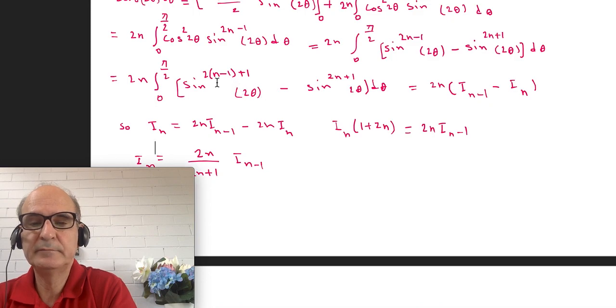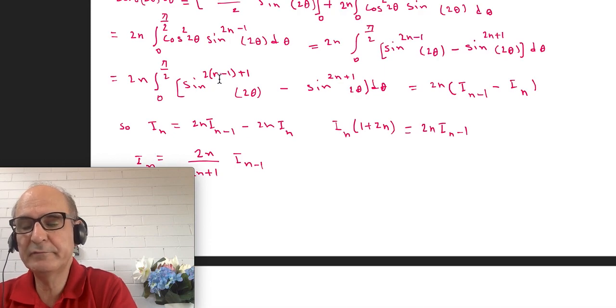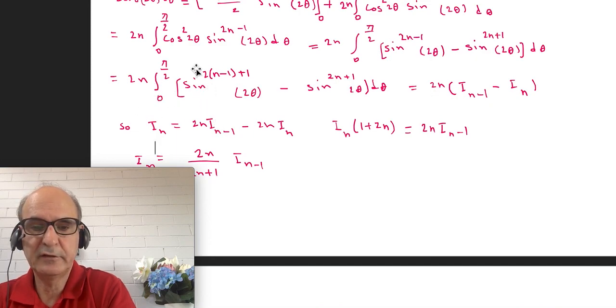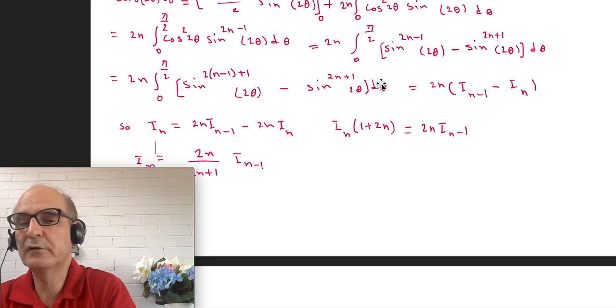If you look at this closely, this is the original integral where n has been replaced with n minus 1. In other words, this is I_(n minus 1). So then we get 2n here. So this integral becomes 2n, and this integral is I_(n minus 1). Then minus, and this is the original integral which we had. So minus I_n.